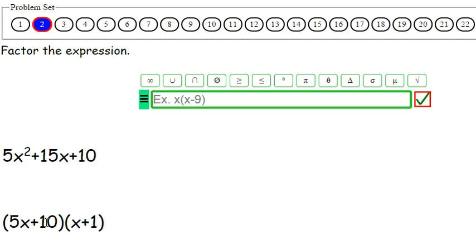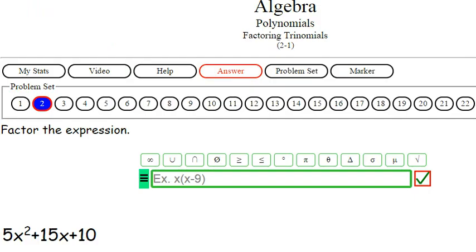But if we were completely factoring this expression, we would want to pull the 5 out, and it'd be left with x plus 2. My guess is up here in the checkbox, this is the answer that you're going to want to put, if you want to do that.